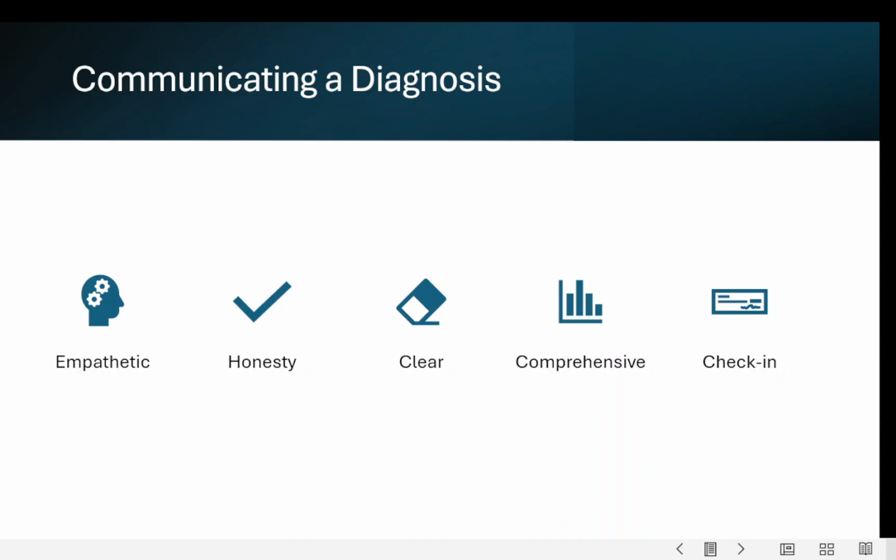In the context of telehealth, it can also help determine which clients are more suited for remote care versus those who may require a higher level of care based on their diagnosis. Additionally, we must become comfortable with discussing co-occurring disorders, as many clients will present with more than one diagnosis. And this adds another layer of complexity to our role, but it is something that we will come to with more time and with more experience.